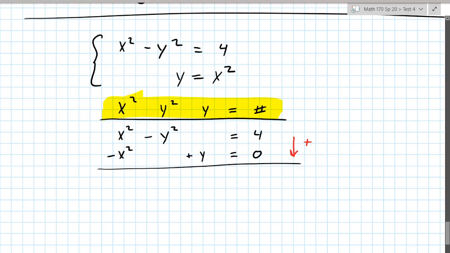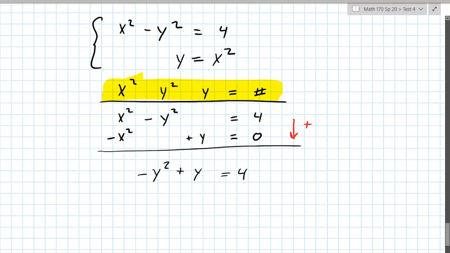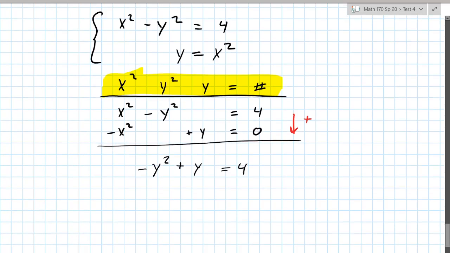So 0x squared, negative y squared plus y is equal to 4. I'll subtract over the 4: negative y squared plus y minus 4 equals 0. I think I would like to multiply both sides by a negative 1 to get y squared minus y plus 4 equals 0.